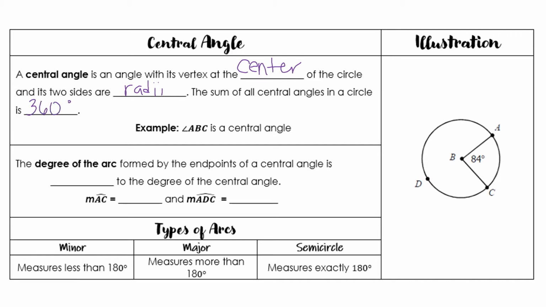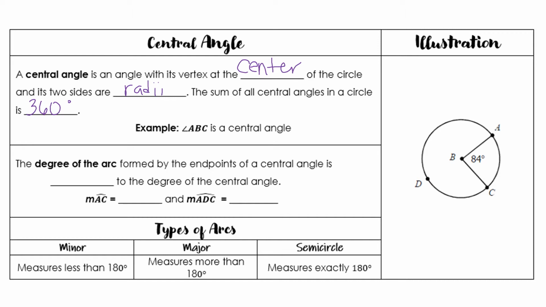So if you're looking at the illustration to the right, angle ABC is a central angle because its vertex, which is B, is the center of the circle. Its two sides, segment AB and segment CB, are both radii, which makes it a central angle.